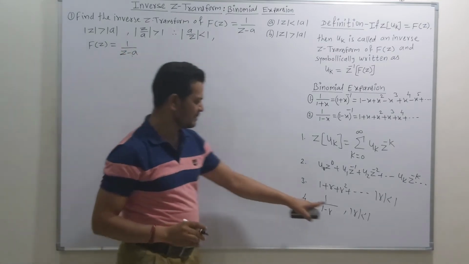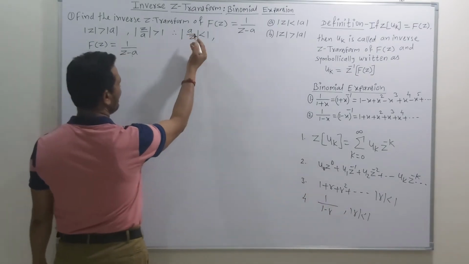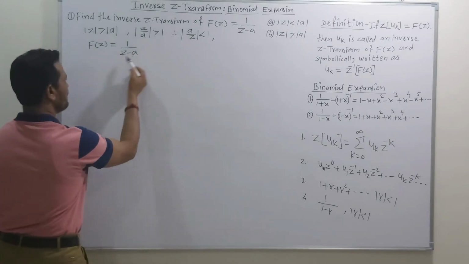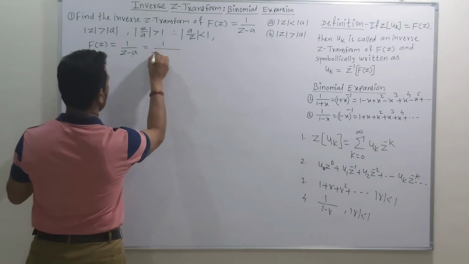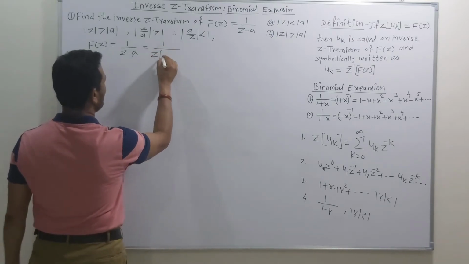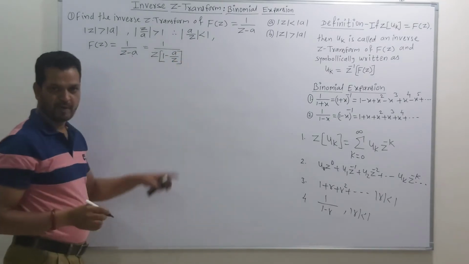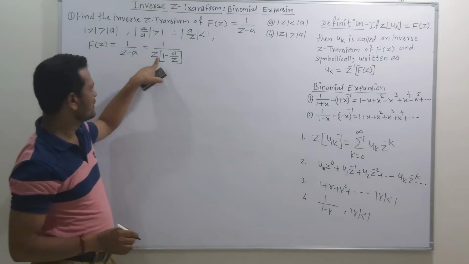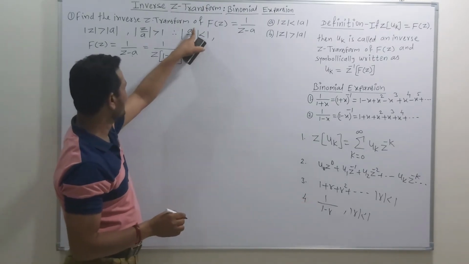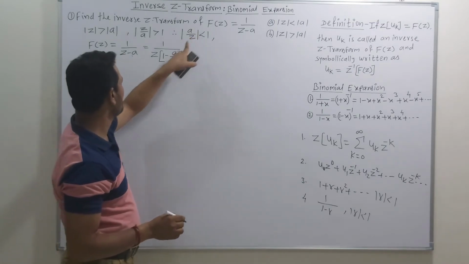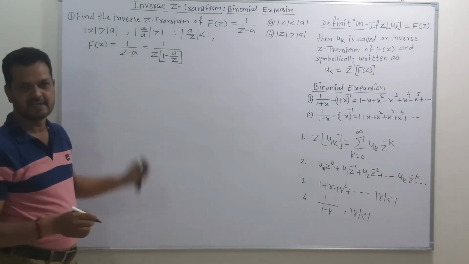Since mod of r is less than 1, write this as 1 minus r, where the value of r is a upon z. So take the term z common. We get 1 upon z times 1 minus a upon z. Purposefully we take z common because we require the equation in the form 1 upon 1 minus r, where r is a upon z, and we get a upon z after taking z common.